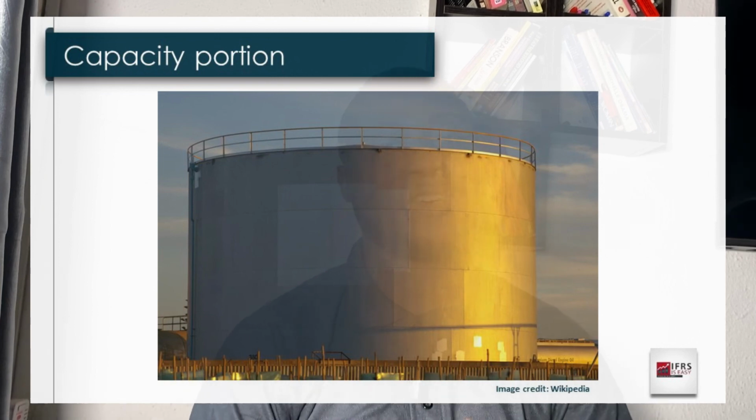Although IFRS 16 does not give a hard and fast rule percentage, in practice, if you have 80% capacity portion of a non-physically distinct asset, then you can now say that you have an identified asset. But if like 5 oil companies come together and they have 20% of the whole oil tank farm, then you are not leasing it. It is just a normal service contract that you have entered with whoever is giving you that access. So it is very important that we take cognizance of this.